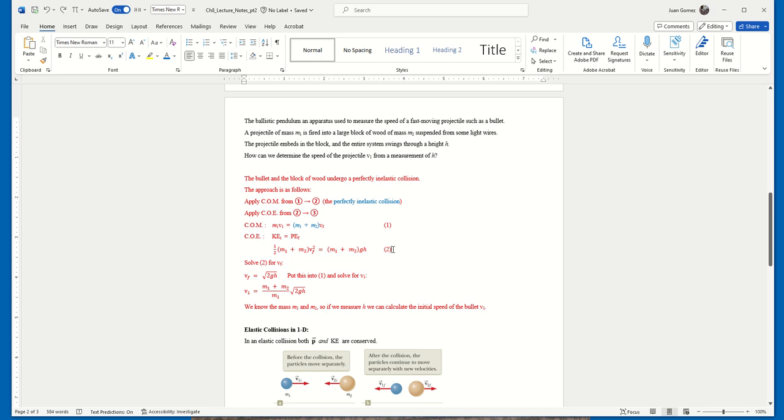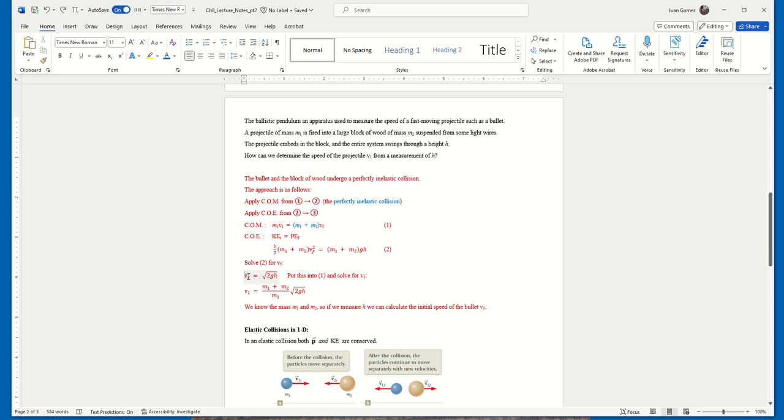So let's solve equation 2 for v final. Nothing complicated. v final is equal to root 2gh. Then take that expression for v final and plug it into equation 1, and then solve for v1.